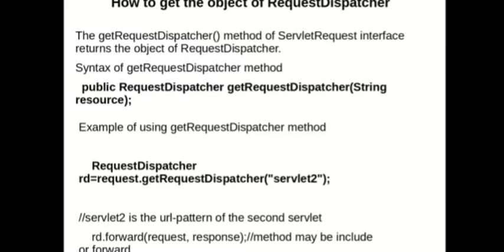This is the syntax. How do we get the object of a request dispatcher? getRequestDispatcher is a method. In brackets we have to mention a string, the resource, so that it can return an object of request dispatcher. Then you can use either the forward method or the include method.